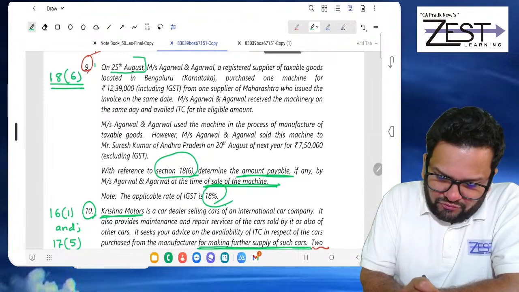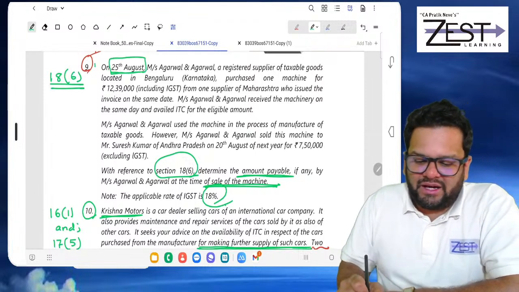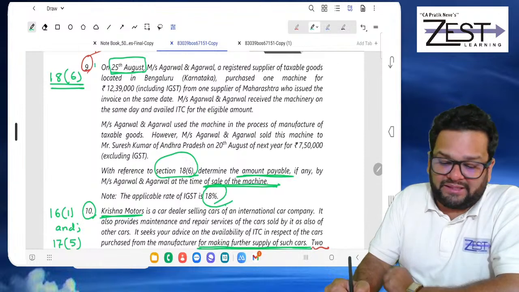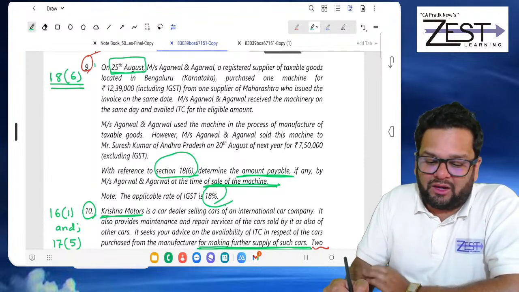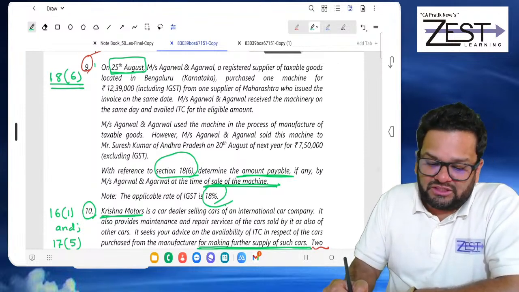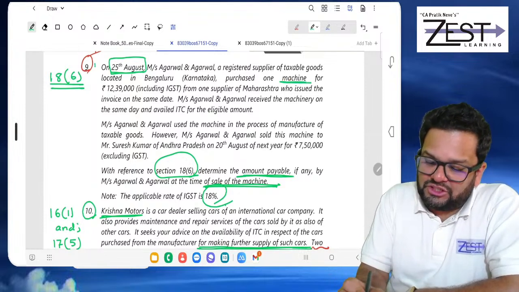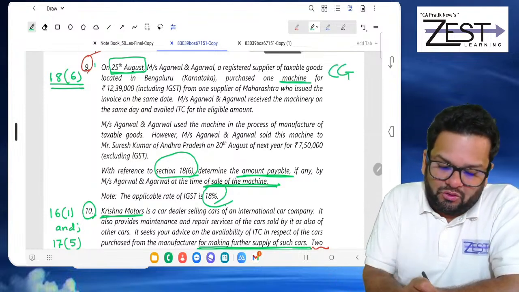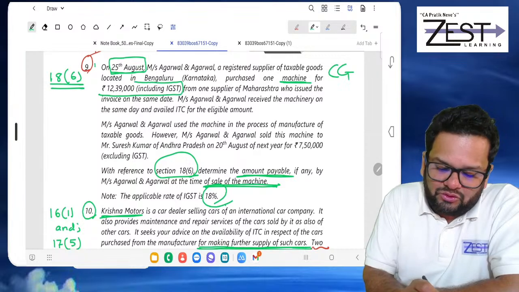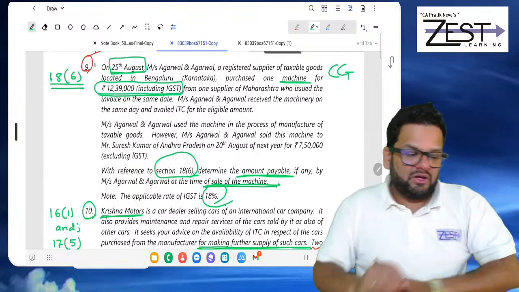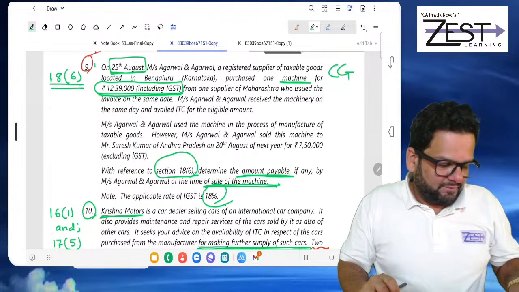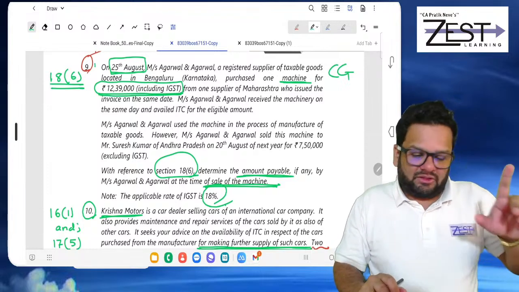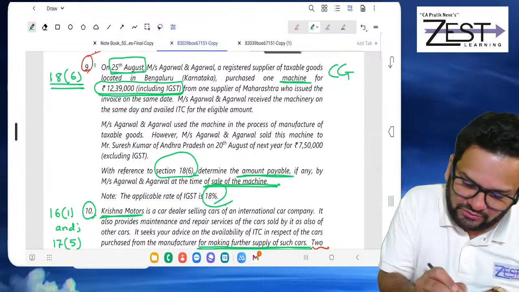So on 25th August, Agarwal and Agarwal, a registered supplier of taxable goods located in Bengaluru, Karnataka, purchased one machine. Machine means capital goods for 12,39,000 including IGST. All of you sitting with a calculator, take out your calculator. 12,39,000.